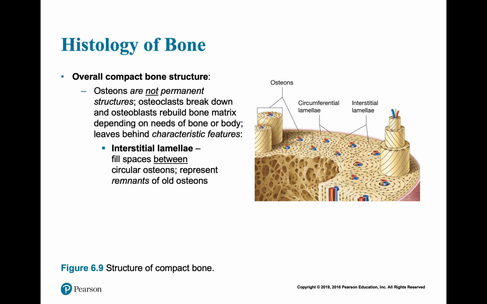It's constantly being remodeled. It's being broken down and new bone is formed. So these interstitial lamellae that are sandwiched in between osteons but don't make complete circles are remnants of old osteons. Remember, osteons are not permanent structures.